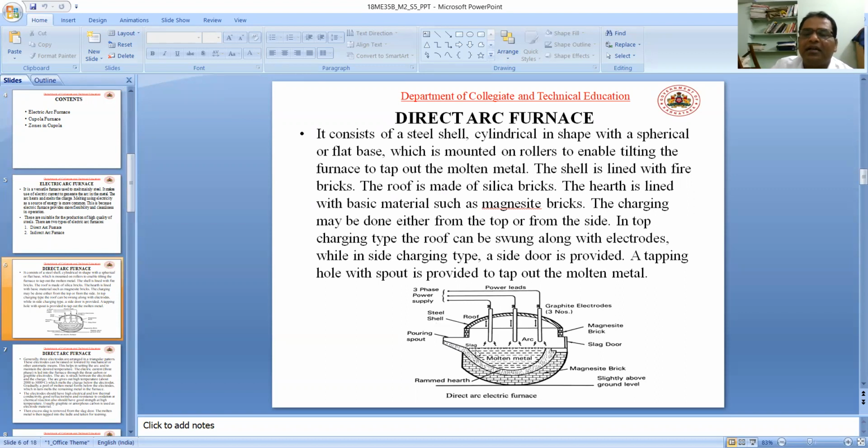In the top charging type, the roof can be swung aside along with the electrodes, while in the side charging type, a side door is provided. A tapping hole with spout is provided to tap out molten metal.